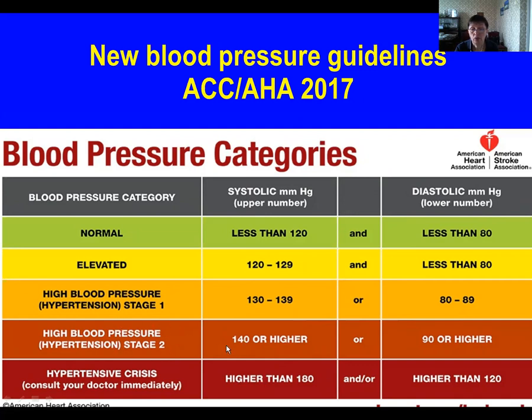Stage number 2 is the level of pressure that is considered the beginning of hypertension in Europe. And also we have here the category of hypertensive crisis. It means pressure more than 180 systolic and 120 diastolic.